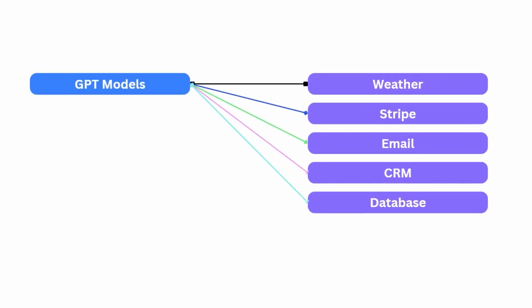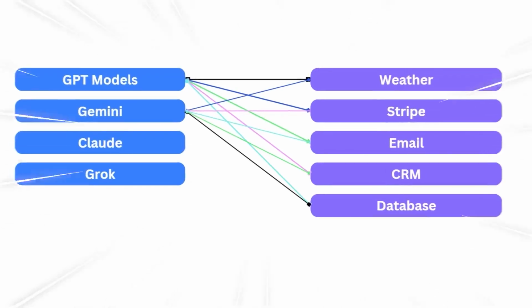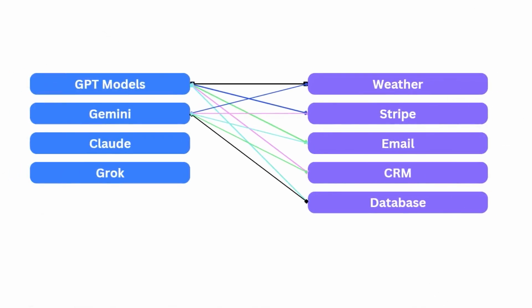And if you have all the other models, this is absolutely exponential because they would all connect differently. They would all have different tools and ways that we use tools and so on. And this is what we're solving. We're simplifying the ability for our AI to do stuff, to build stuff, to make stuff happen.